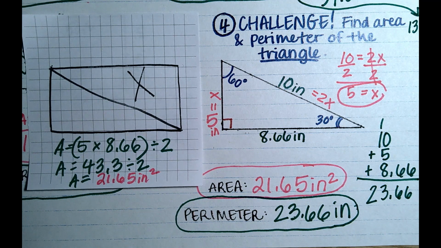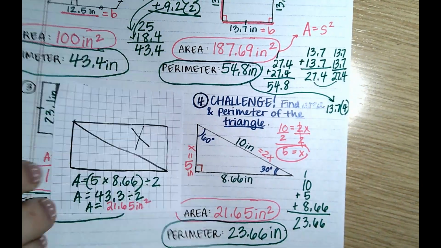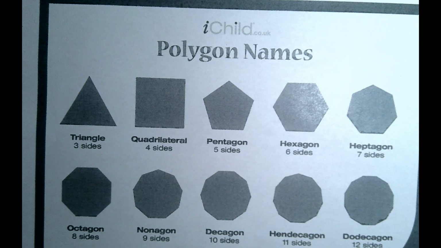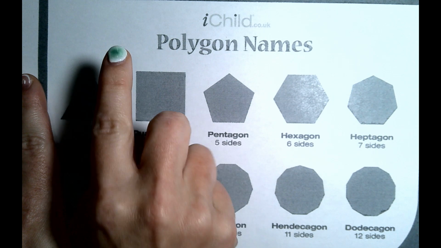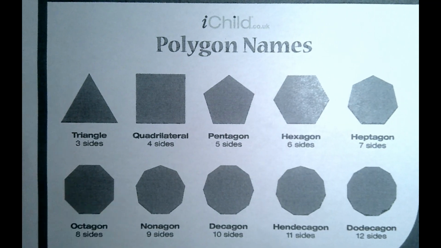So we've done our do now, and we should all have that handout that looks like this, polygon names. So the word we are learning today is polygon. Everybody say polygon. Polygon. Yes, polygon.